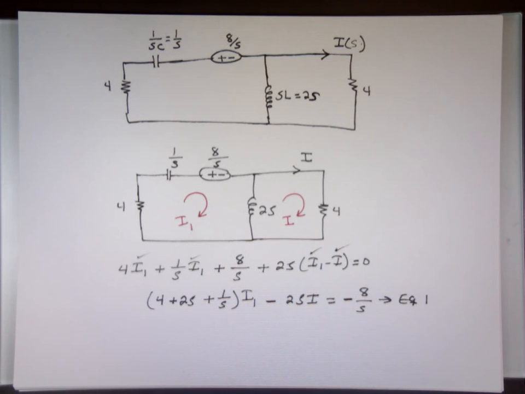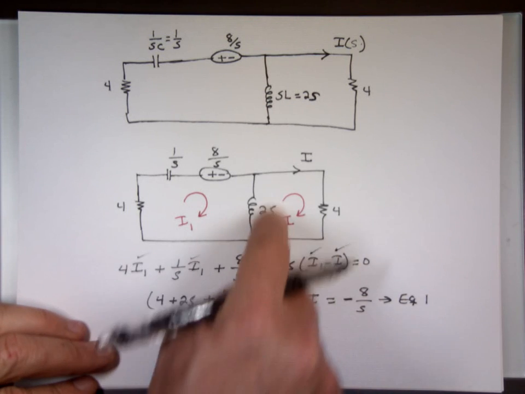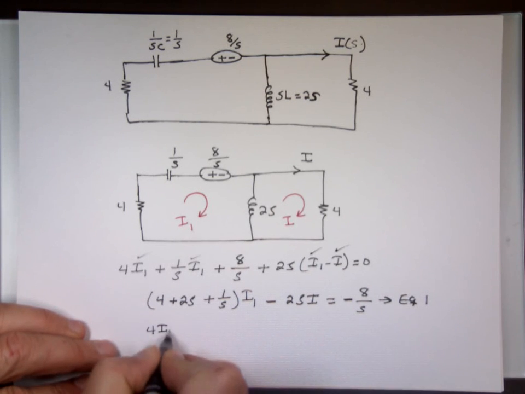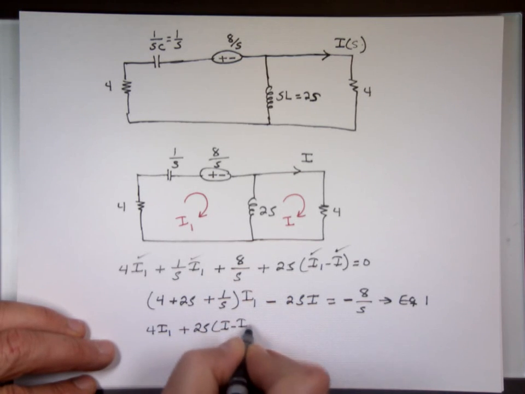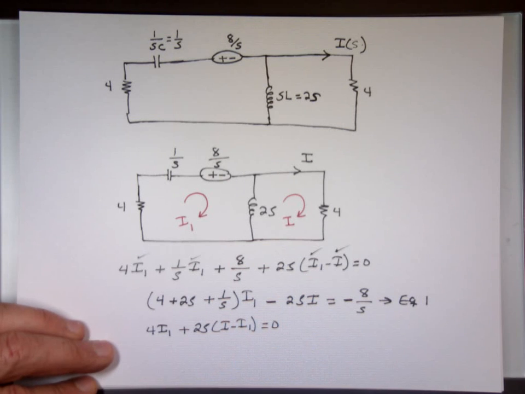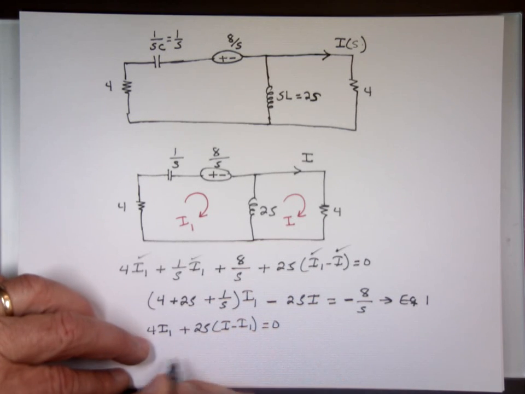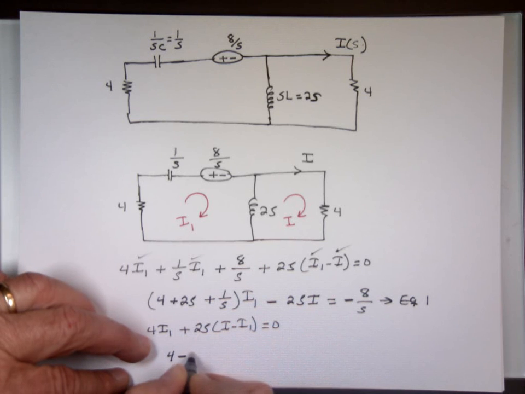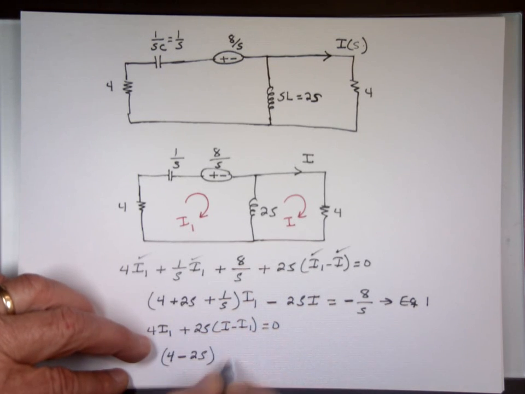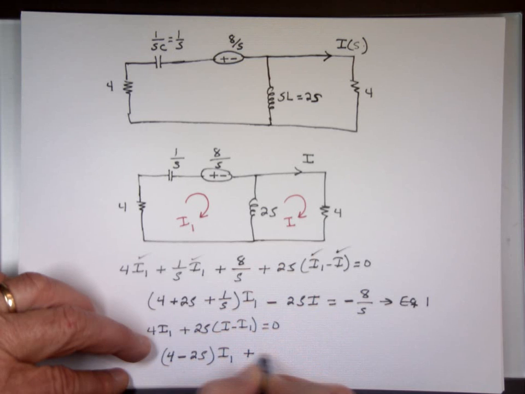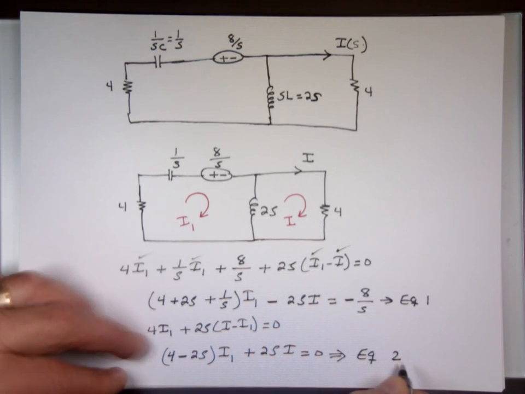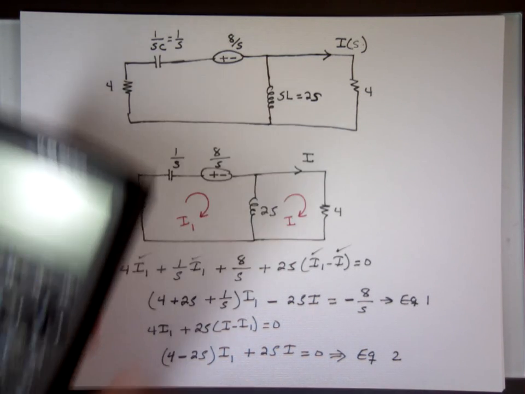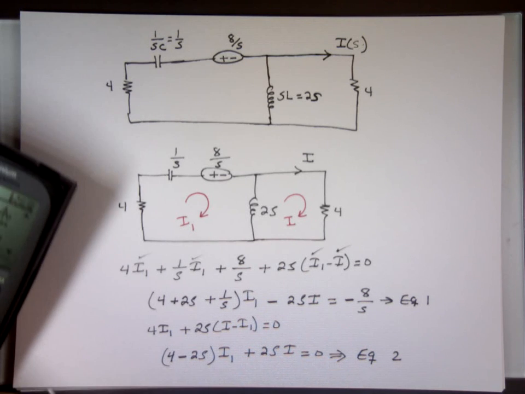Let me do another mesh equation for the right side. 4I plus 2S times I minus I sub 1 is equal to 0. Wait, sorry, for the second equation, which loop are you doing? The right side.